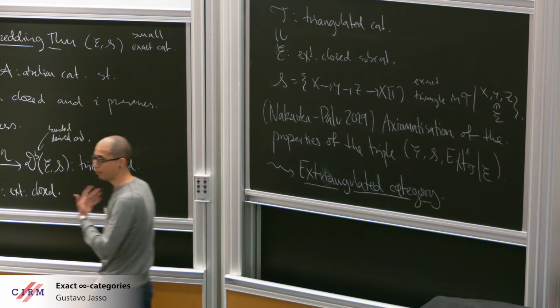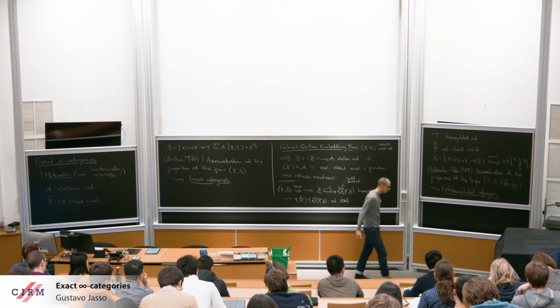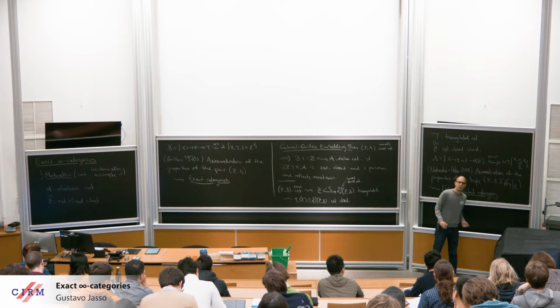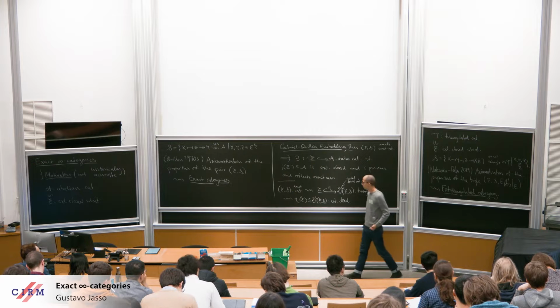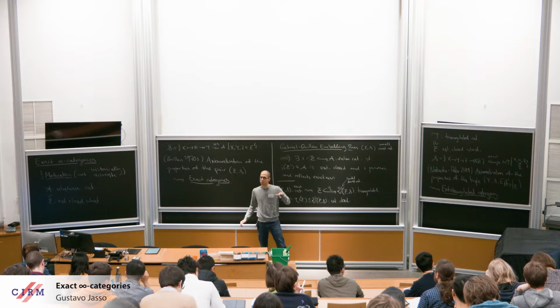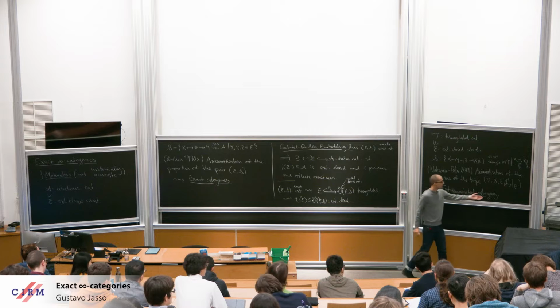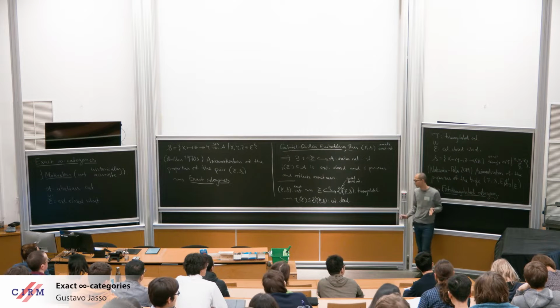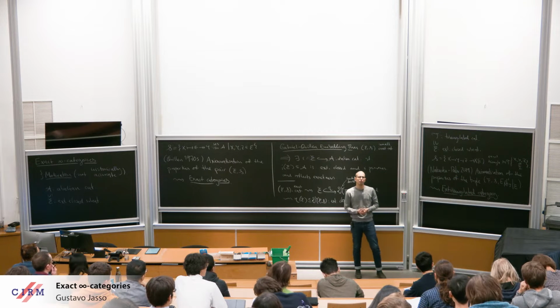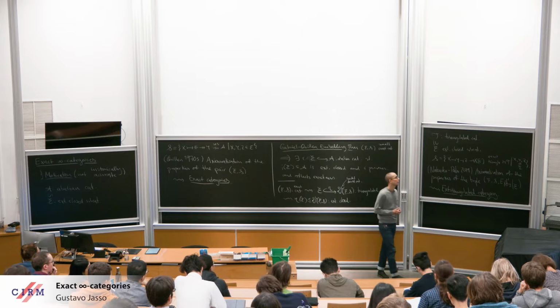Now this series of talks is not about extriangulated categories, but let me tell you that if you have not seen this notion before, I also will not give the definition right now, it's a bit technical. But for good reasons, they have become, in the last few years, very popular, for example, in representation theory of finite dimensional algebras.